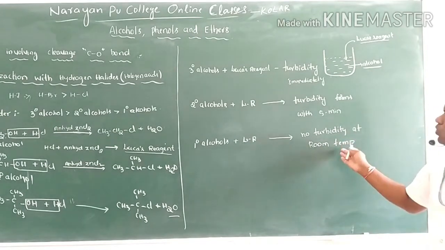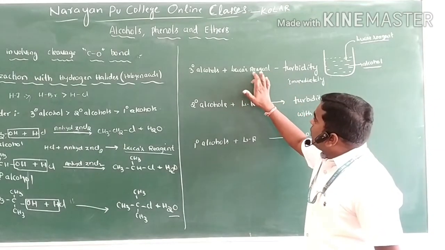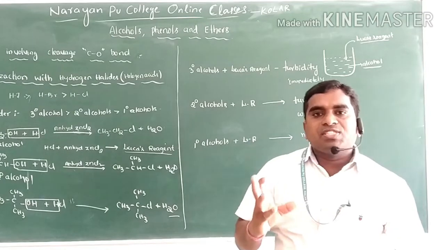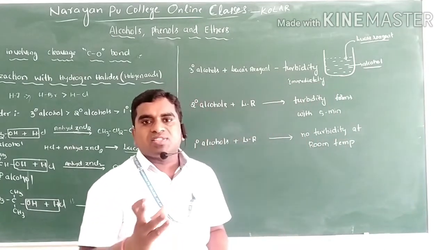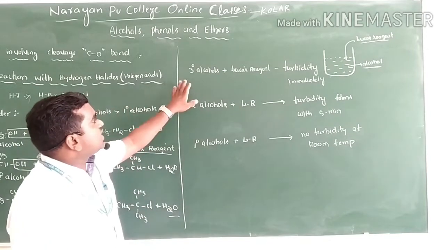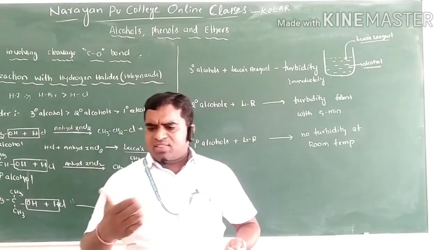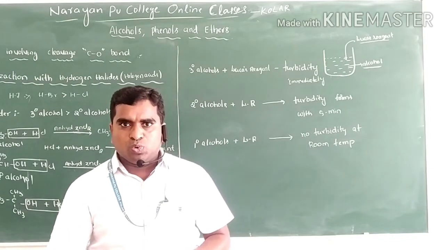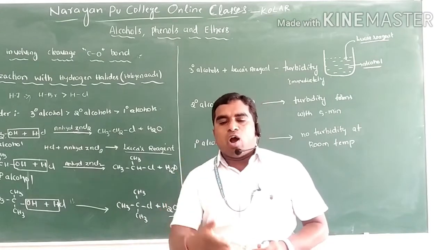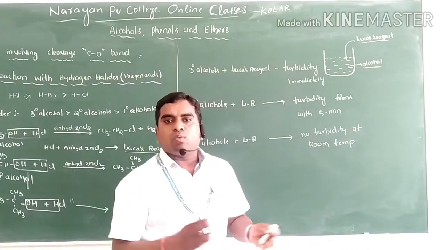So by using this reaction with the Lucas reagent, we can easily distinguish which alcohol is primary, secondary, or tertiary. Clear? Suppose they have given you 3 alcohols and 1 Lucas reagent, and they ask you to identify which one is the tertiary alcohol. Then what do you have to do?